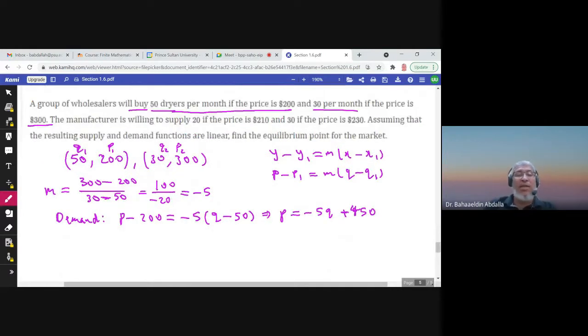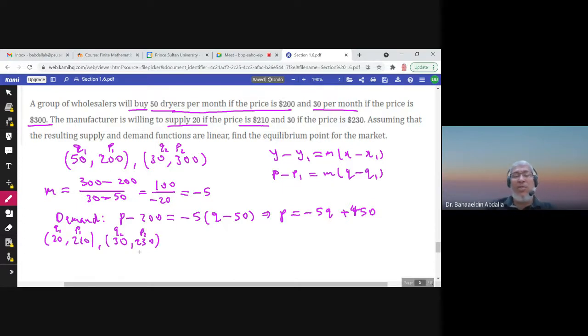Now, again, the manufacturer is willing to supply. He's talking now about the supply function. 20 is the quantity, Q1, if the price is 210, this is P1. And 30 is quantity 2 if the price is 230, price 2.